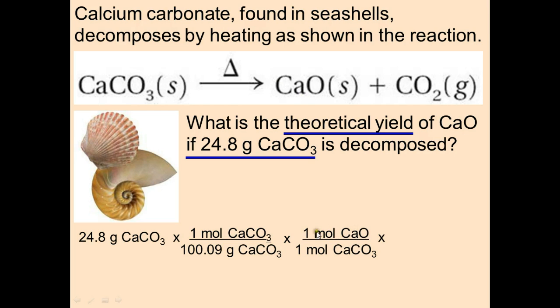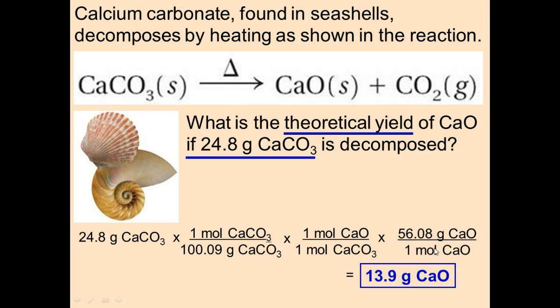Because we have moles on top, we put moles on the bottom, and CaO's mass is 56.08. We multiply all the numerators, divide by the product of the denominators, and we get 13.9 grams of CaO. So if we had this many grams of CaCO3, we should theoretically produce 13.9 grams of CaO.